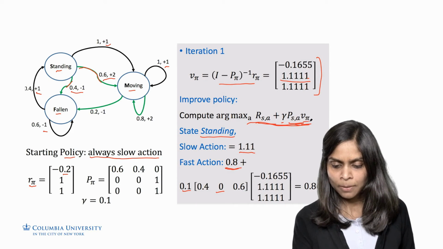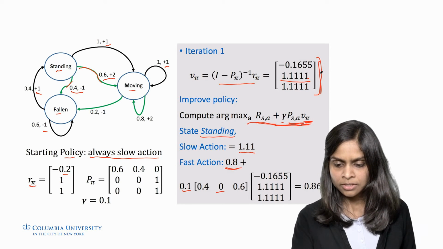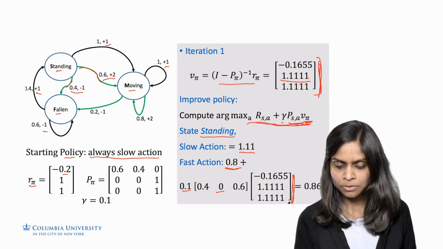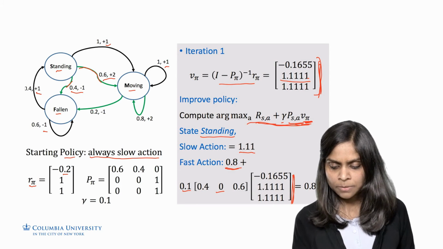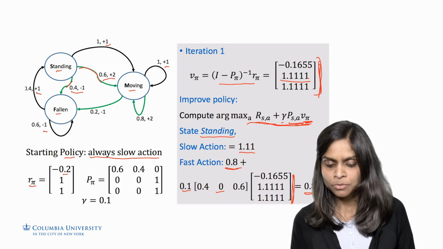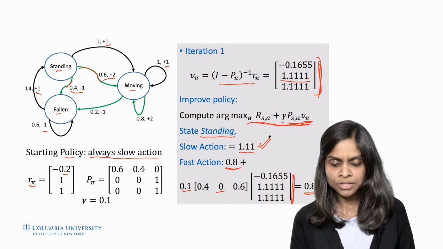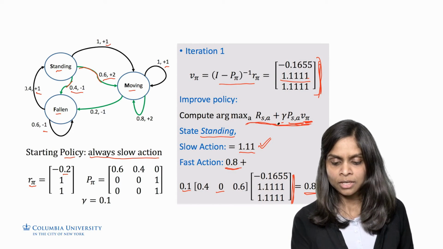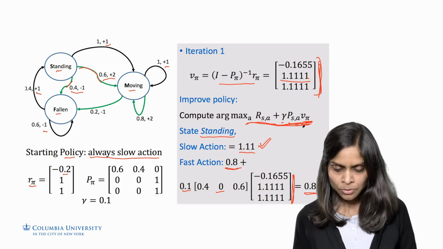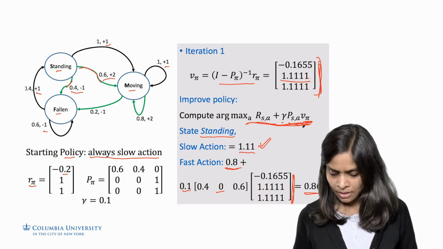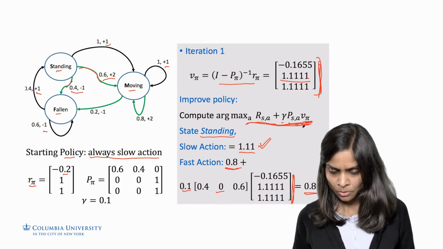The current V pi is given by this vector right here. So we just substitute it here, and we evaluate this whole expression, and it comes out to be close to 0.86. So we can clearly see that the slow action is still the better one to take according to this expression. So in the new policy, we keep the standing state's action as the slow action.